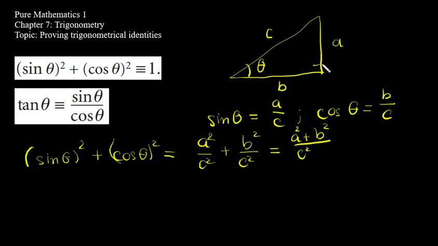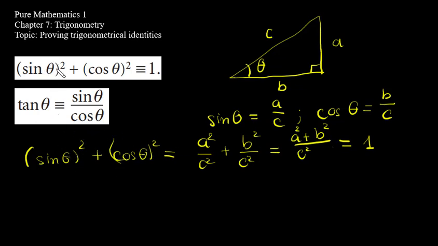And you know that for any right triangle, the sum of the squares of the legs equals the square of the hypotenuse based on the Pythagoras theorem. So this will be equal to 1. That's why we have this identity.